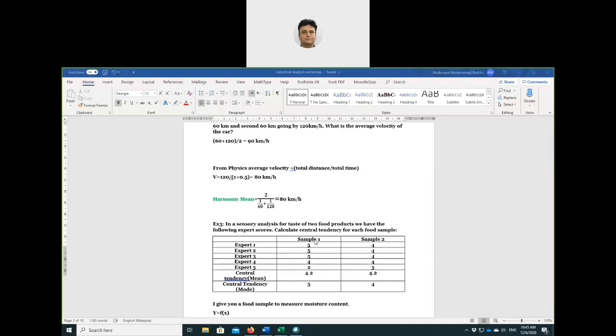Now for sensory analysis, instead of the mean, if you report 4.2 for both, it means both samples are the same. But these two samples are different. You can see the experts report the highest mark for this one.